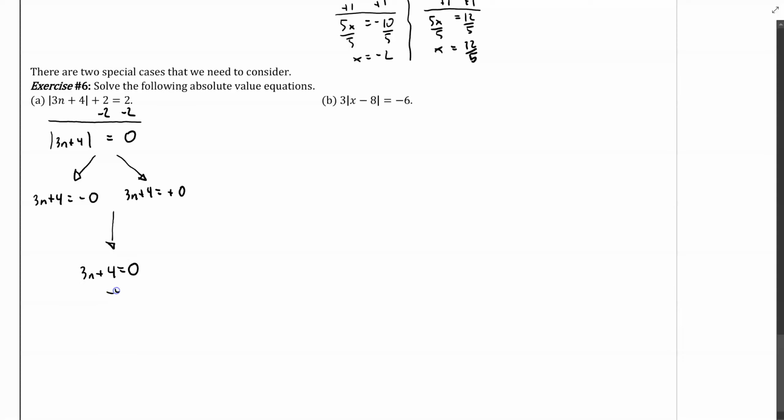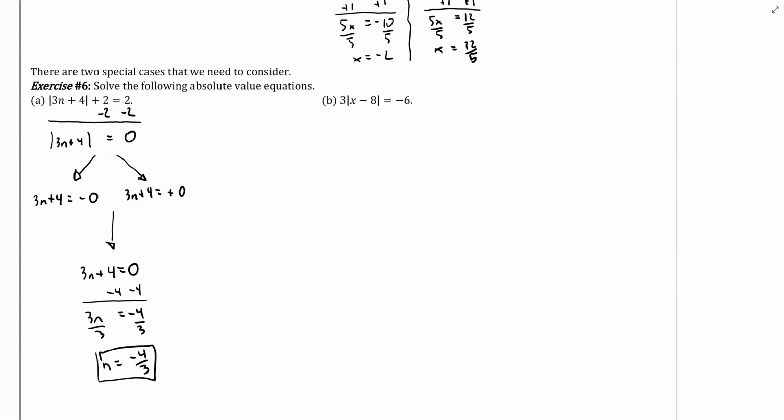So we could then solve this, giving us 3n equals negative 4, and then dividing both sides by 3 gives us n equals negative 4 over 3. So this is a special case because we have absolute value equals 0, and there's only one scenario then.